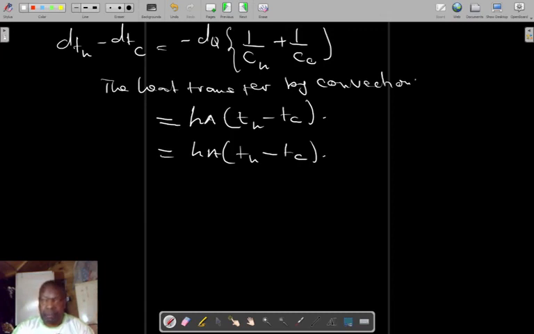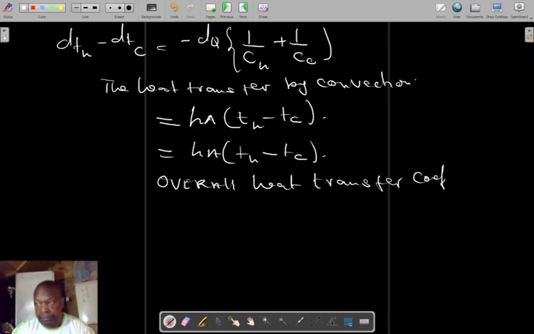Now let us have a look at what we call the overall heat transfer coefficient, and we'll look at a simple two-layered wall.